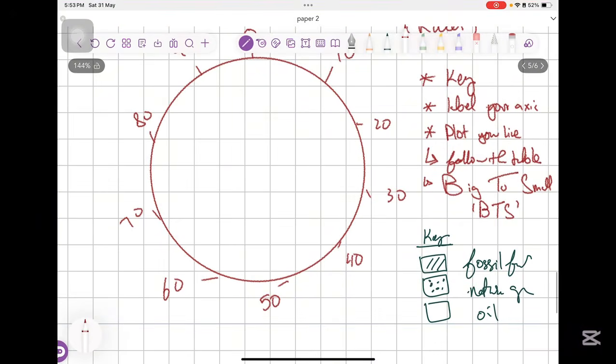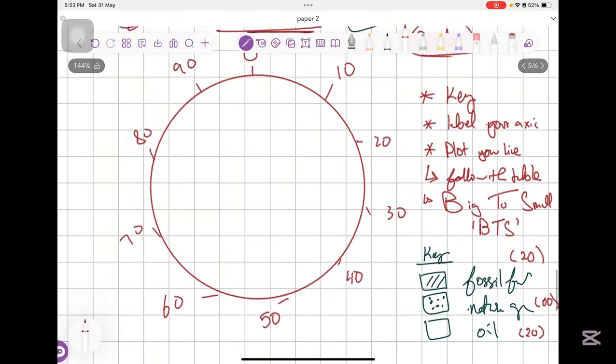Fossil fuels, for instance, was something like 20. Natural gas was 60. Then oil was the rest, another 20. Now I'm giving easy numbers so you can follow up with me.